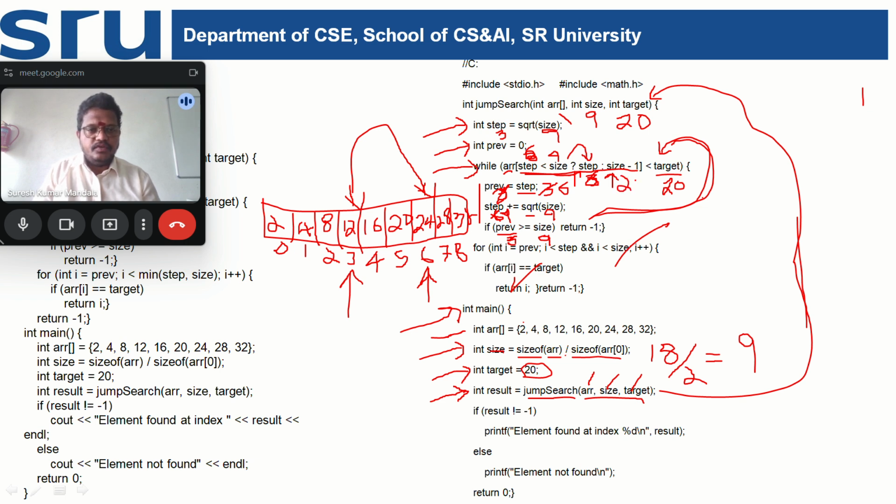ARR of 6 is 24. 24 is less than 20? The condition is false. When the condition is false, it comes to this for loop. In the for loop, what is the I value?